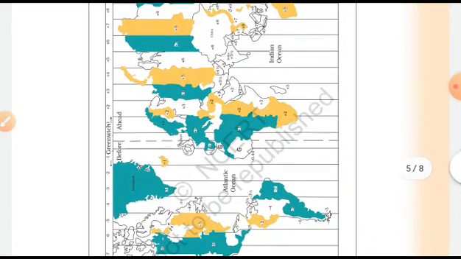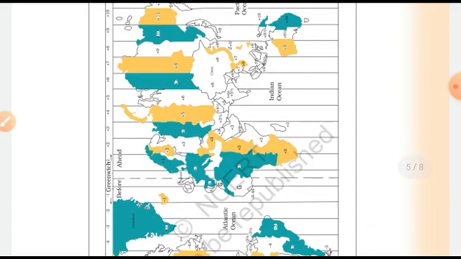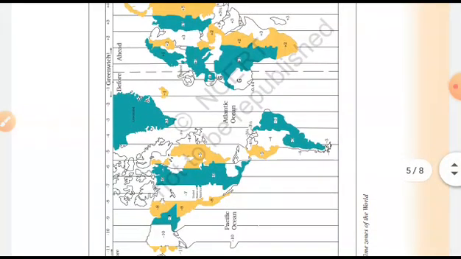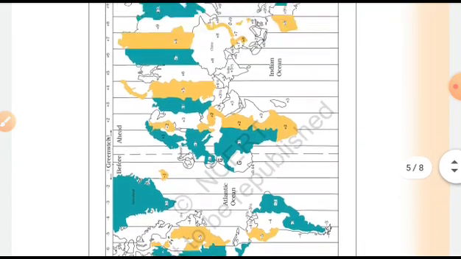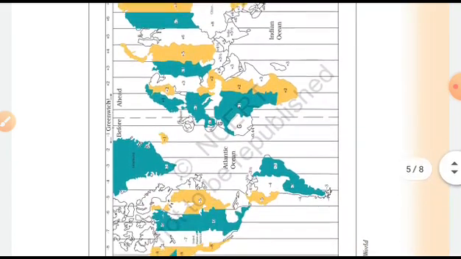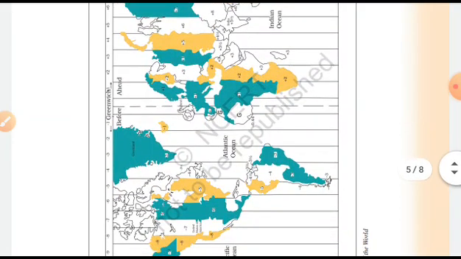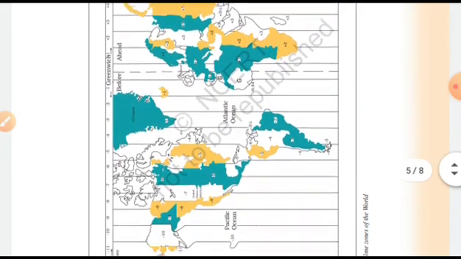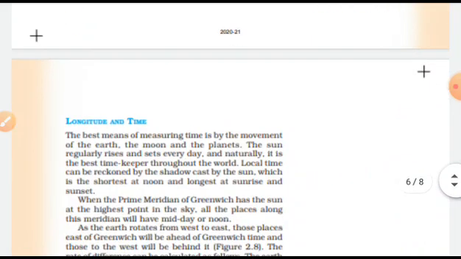It separates the two big continents, Africa and Asia, and here Australia, and here you will have North America and South America, and also European countries. So these come in London. Greenwich is situated in London, Britain.